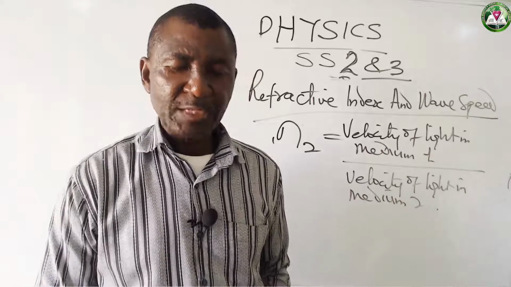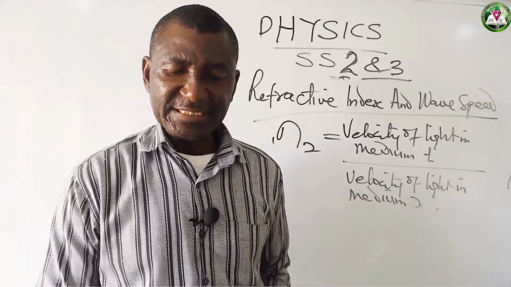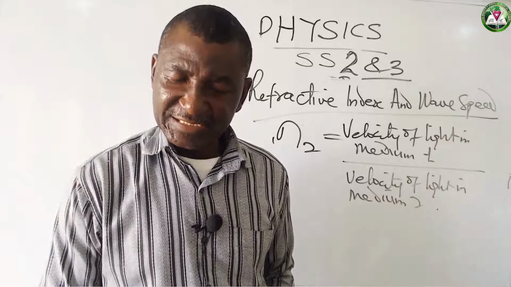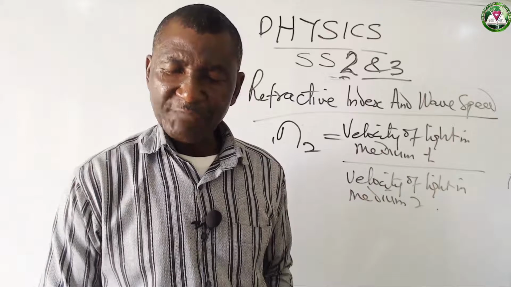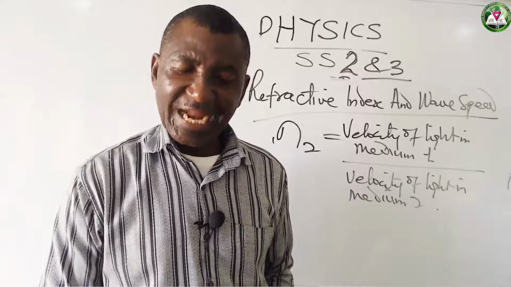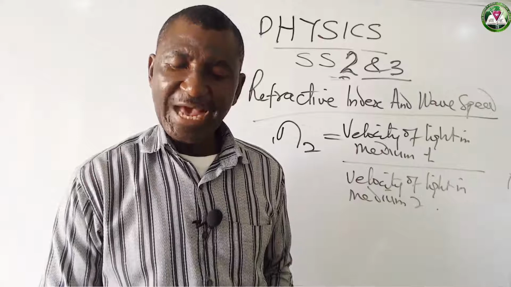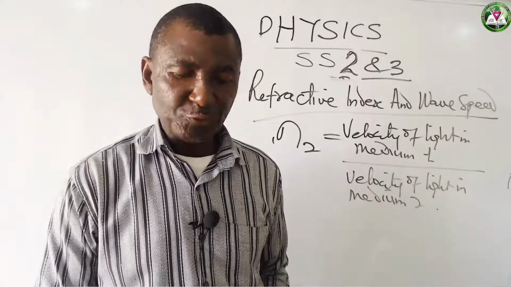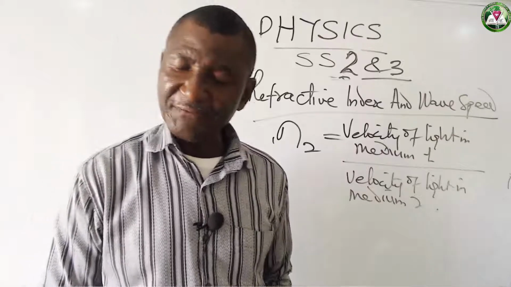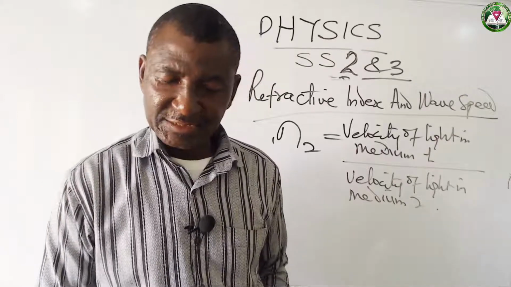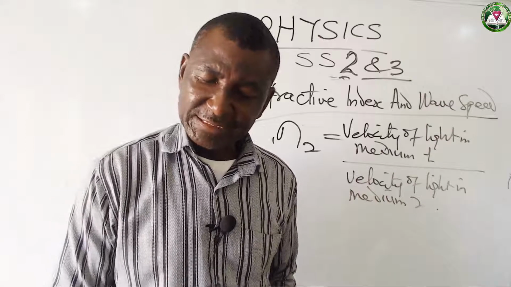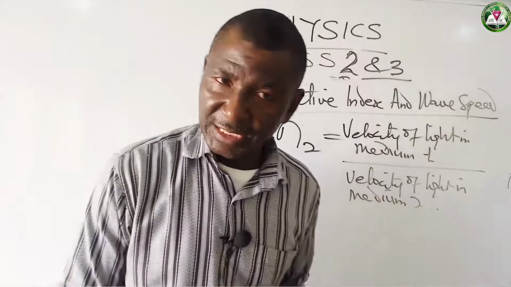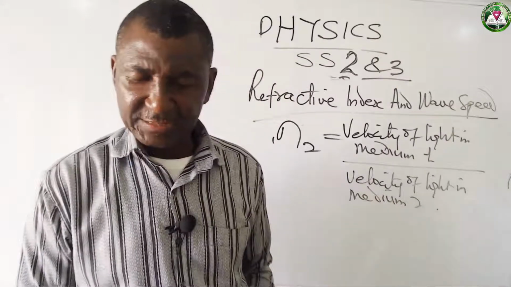Calculate the sine of the angle of incidence that will produce an angle of refraction of 30 degrees for a ray of light incident on the glass.